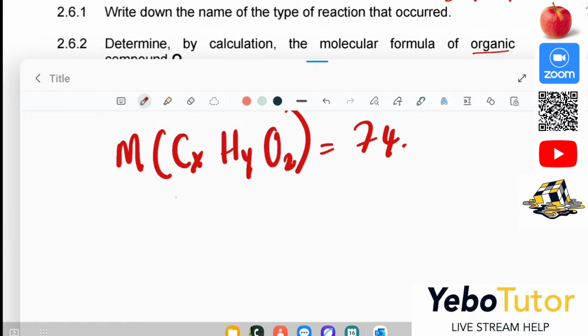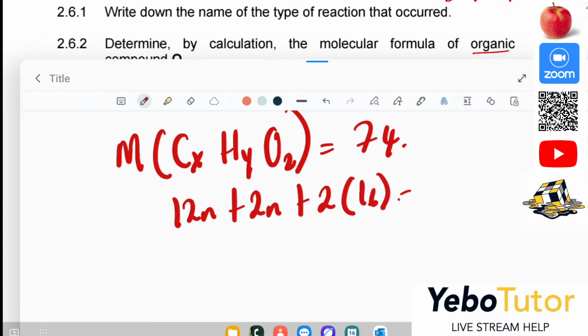So we know this can be 12n, because the molar mass for C is 12. Then we also have 2n, plus 2 times 16, equal to 74. Then we can calculate our n: 14n is equal to 74 minus 32.